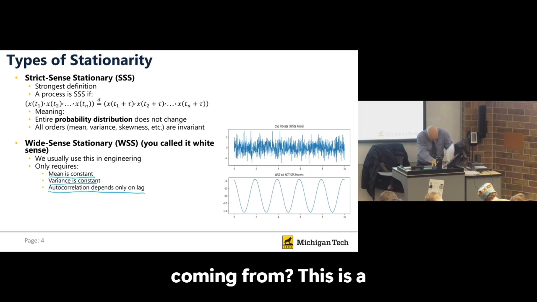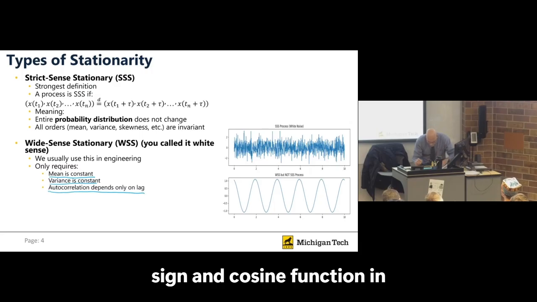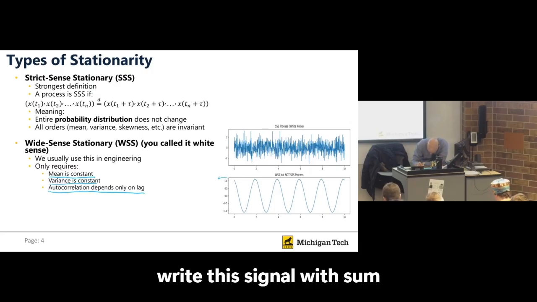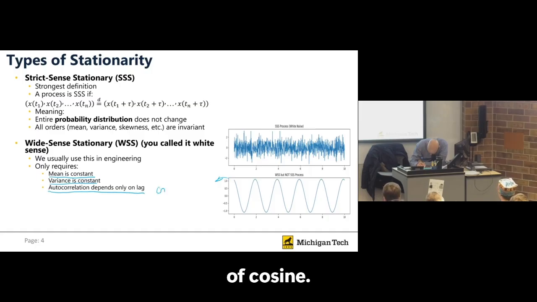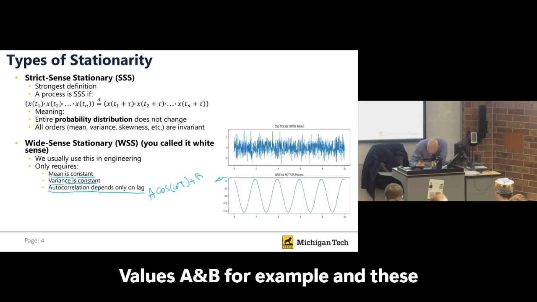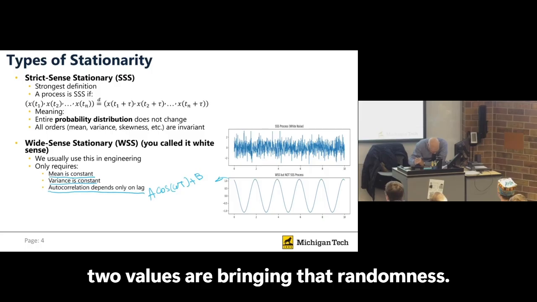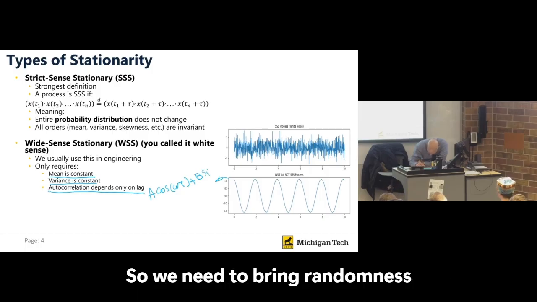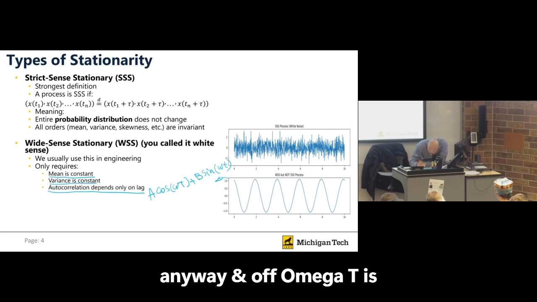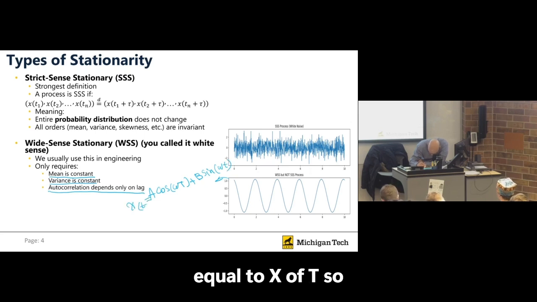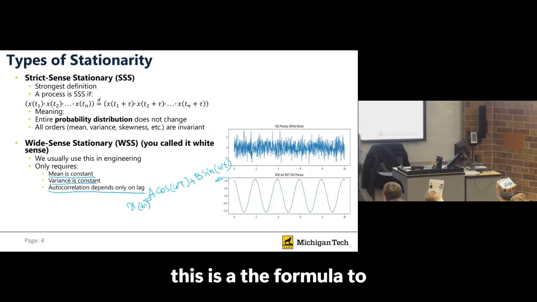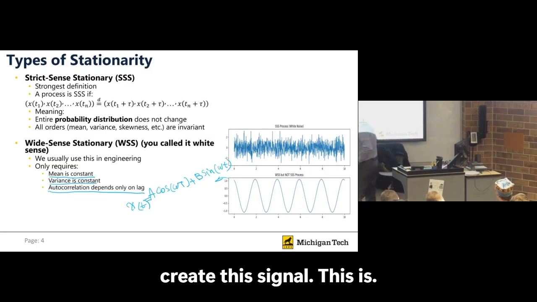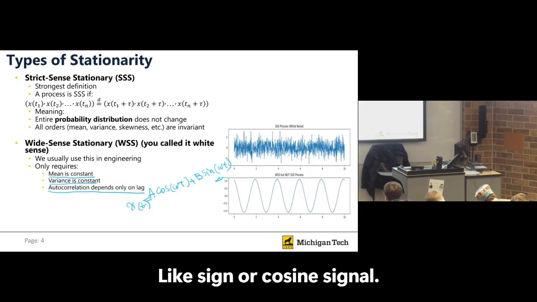This is a sine and cosine function. In general form, you can write this signal as a sum of A cosine omega t plus B sine omega t, equal to x of t, where A and B are two values that bring the randomness. This is the formula to create this signal, like a sine or cosine signal.